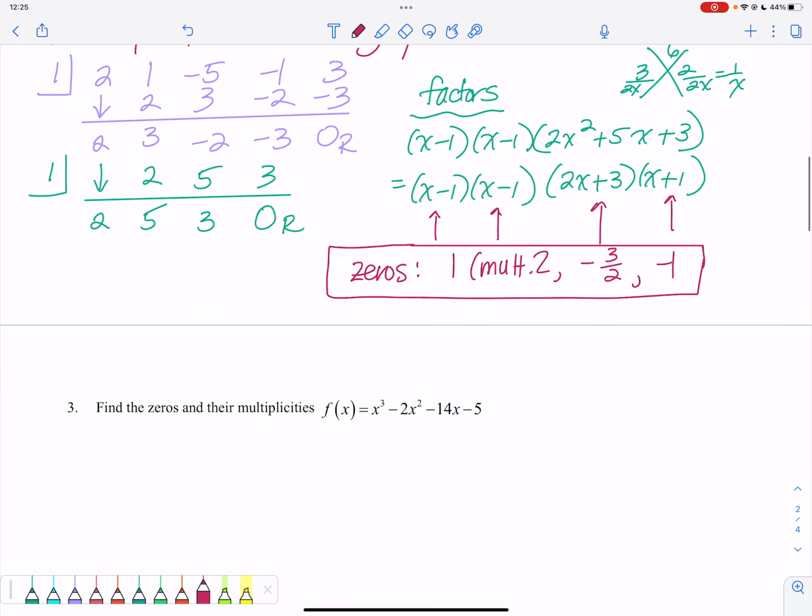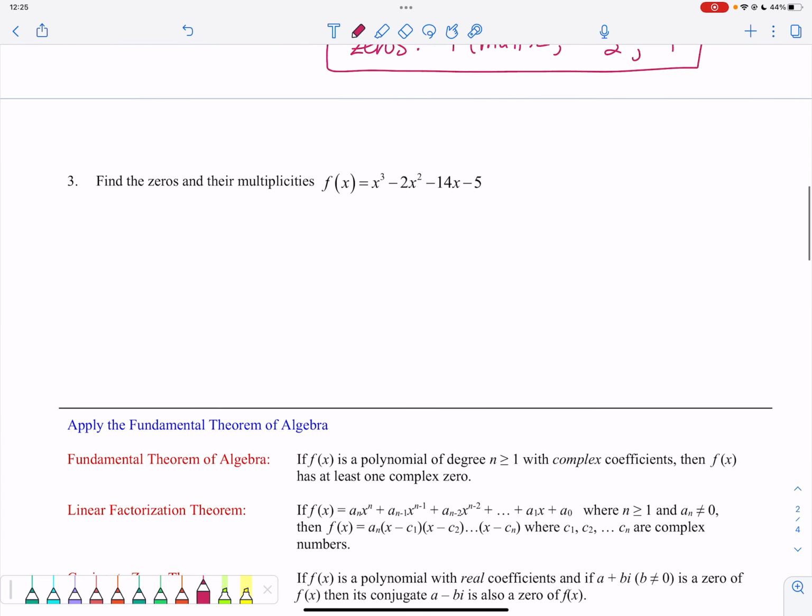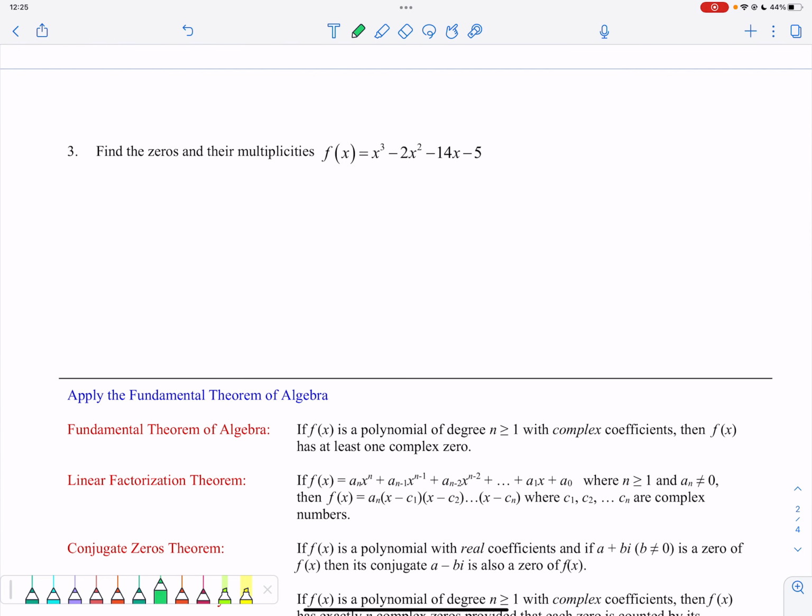Okay, now we're asked to find the zeros and their multiplicities of this cubic. So let's go ahead and find our P over Q's. We will have the factors of negative 5 divided by the factors of 1.